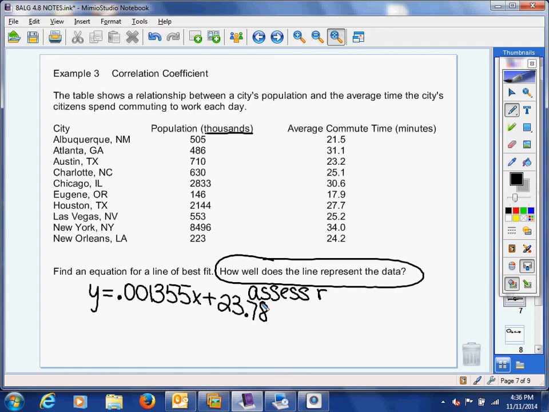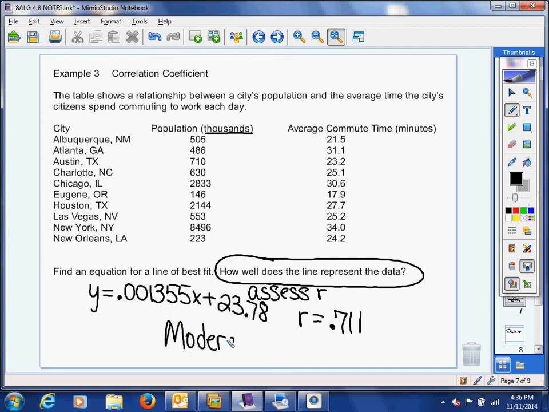Now they do want us to assess the R. They're asking us, how well does the line represent the data? So this is what we found, there's the R, the correlation coefficient, it's around 0.7, and they're asking us how well. You can use my terminology like I showed you on the other page, and you could say it's moderately to strongly positive.